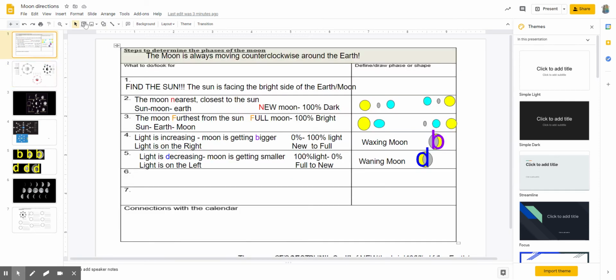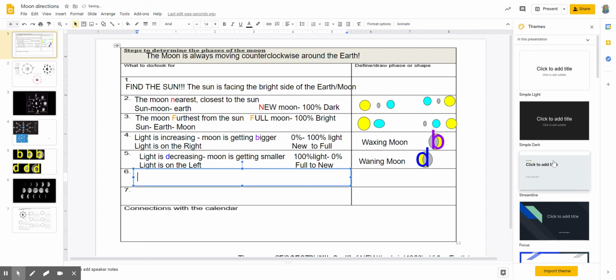So let's put this into our notes. We want to know that any crescent moon is a moon that is less than half bright. And you need to know that our moons that are less than half bright, our crescent moons, are always closest to the new moon.